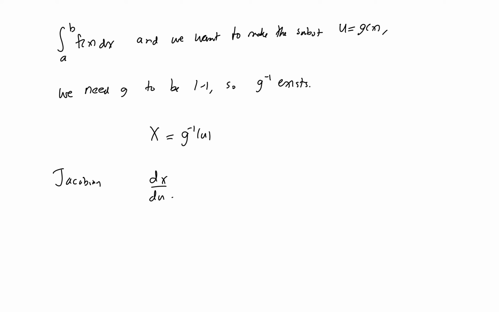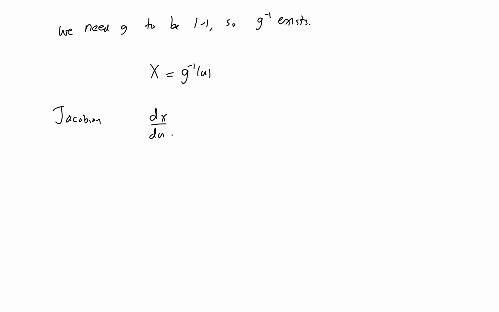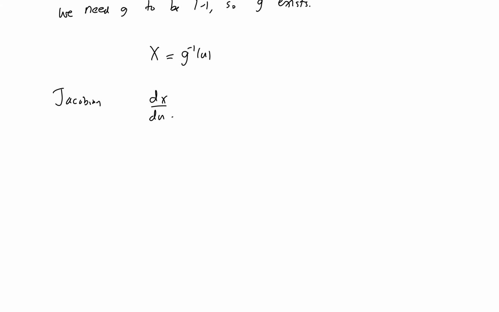But now we've got to figure out, well, how do I take the derivative of this inverse function, which is something we saw in Calc 1 when we were taking derivatives of inverse functions, but let's recall how that goes. So this is kind of an aside or a refresher from Calc 1.